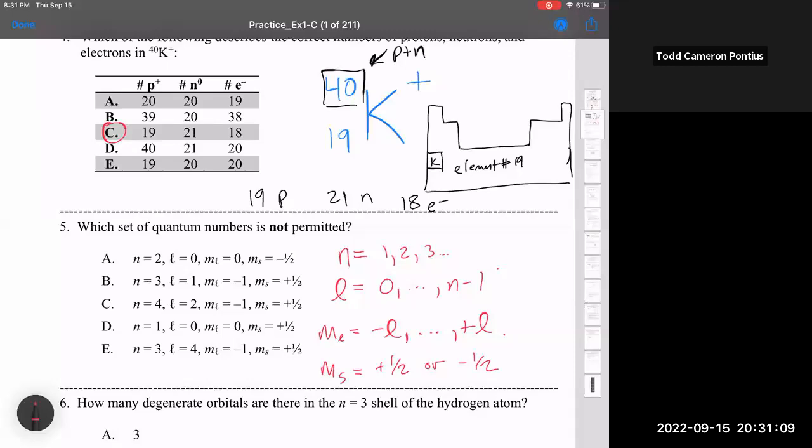So most of these are fine until we get down to E. E, if n equals 3, is there any way l can equal 4? No. I should think not. This one is not permissible. Okay, l cannot be equal to or greater than n, and that's what makes this one wacky, or sus, as some would say.